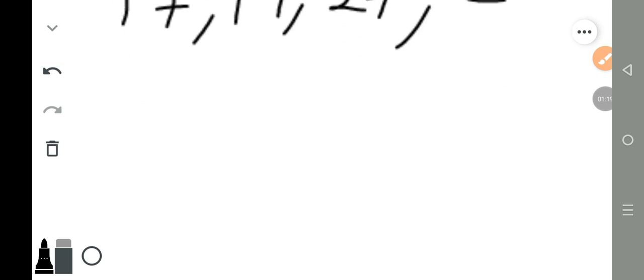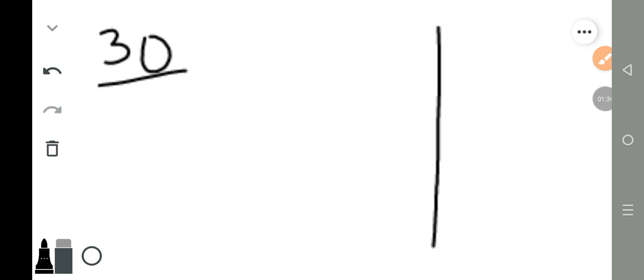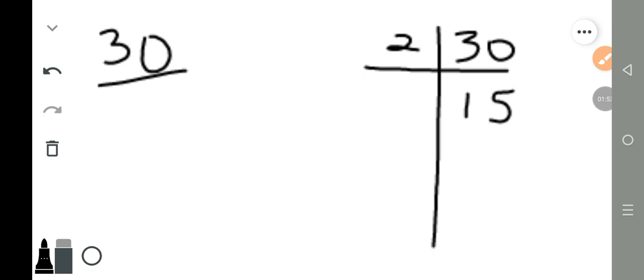It brings us back to the particular question: how do we find prime factors? So I'm going to be doing some examples. 30. To find the prime factor of 30, I'm going to be using the division method. You look for the smallest prime number that can divide 30 without leaving a remainder, and 2 will go. 30 divided by 2 is 15.